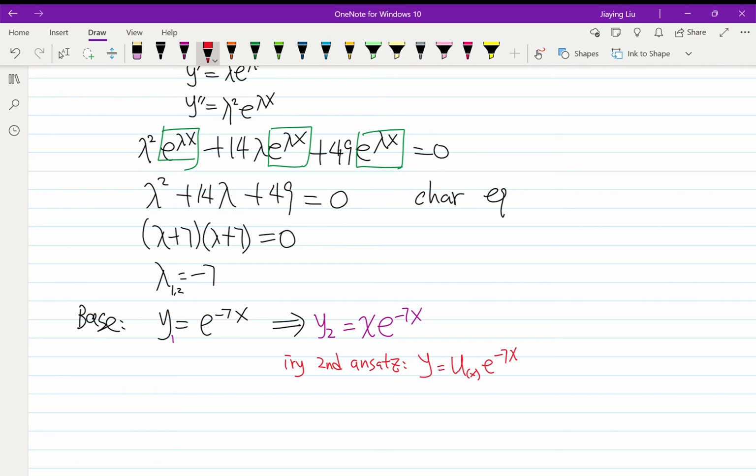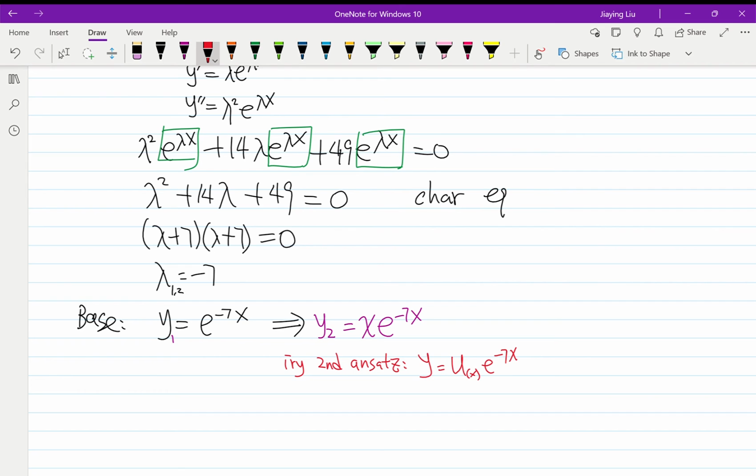If we put it into the differential equation, at some point we get an equation for u, and that's what we can solve to get u equals x. But we don't have to do all that work. You can just memorize it.